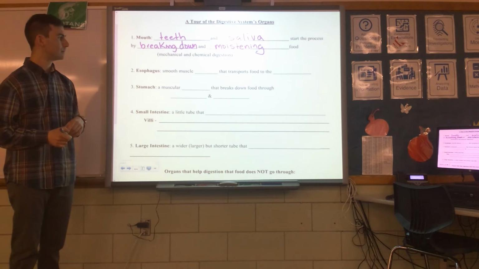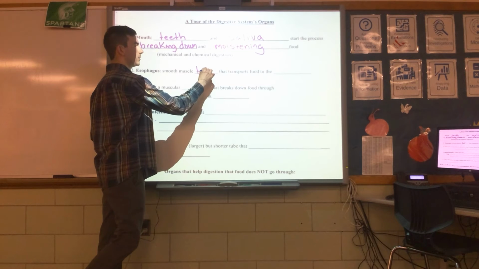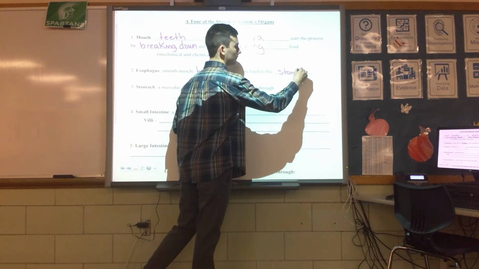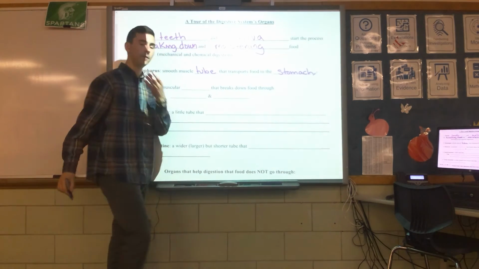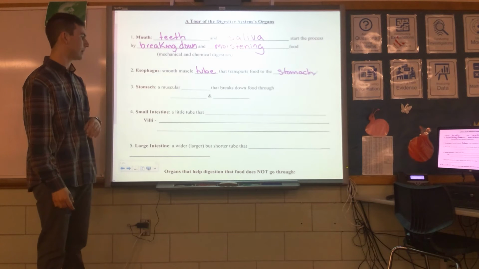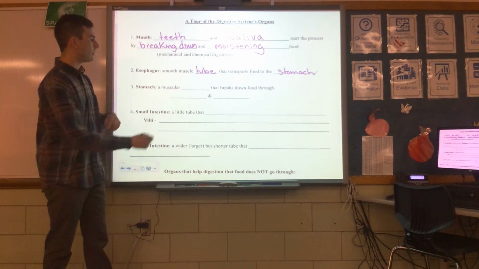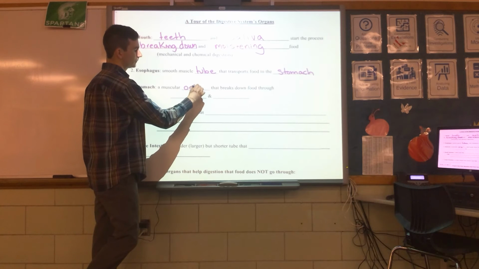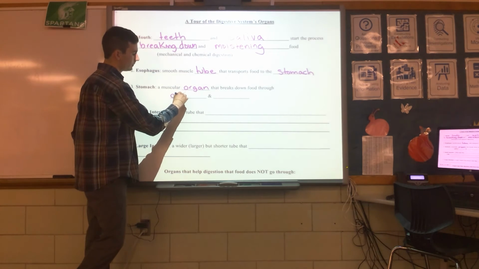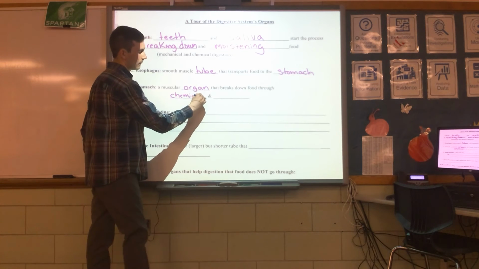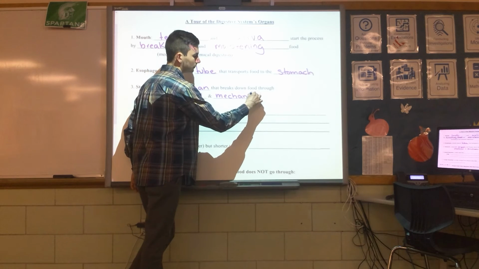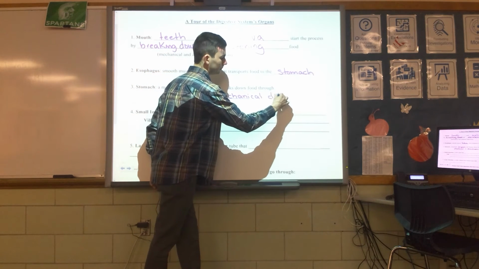The esophagus is going to be the smooth muscle tube that transports food to the stomach. So after the food's in your mouth, you swallow, that food goes down your esophagus and lands in your stomach, which is a muscular organ that again breaks down the food even further through chemical and mechanical digestion.